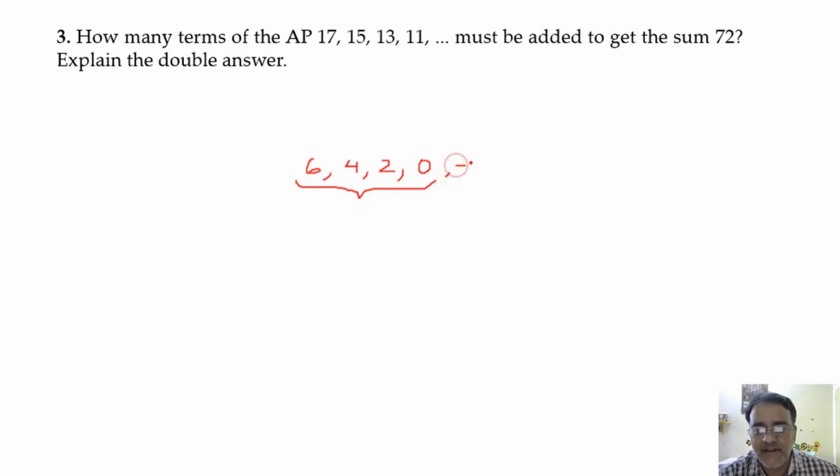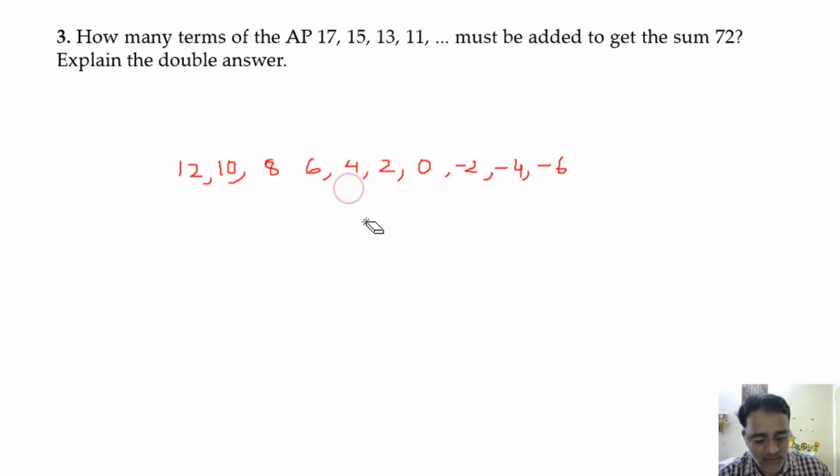Fine. Then minus 2, minus 4, minus 6, and here 8, 10 and 12 are the next terms. Okay, now what is the sum of all these numbers? 22. 22, right. So how are you getting 22?